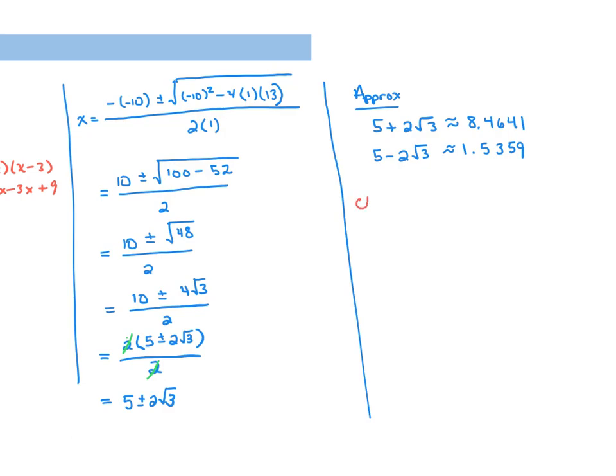So let's check. We have 3 plus 2 square roots of x minus 1 equals x. So we're going to approximate. So 3 plus 2 square roots of, let's try the 8.4641.